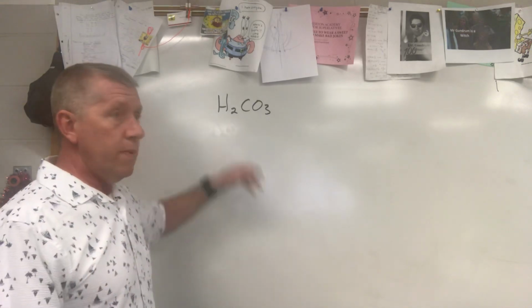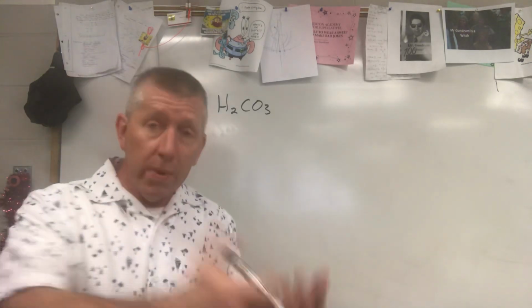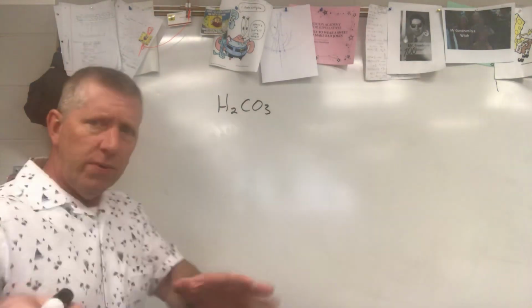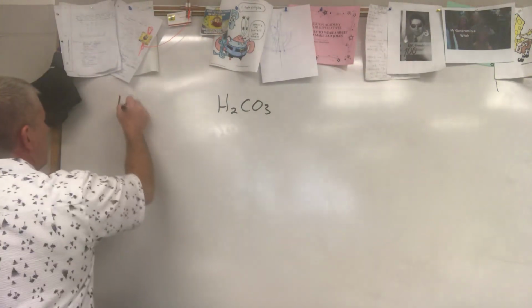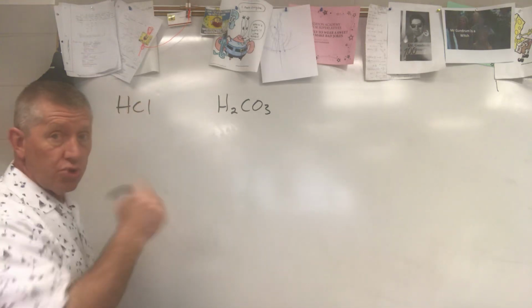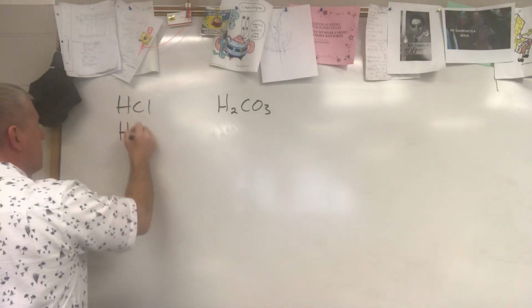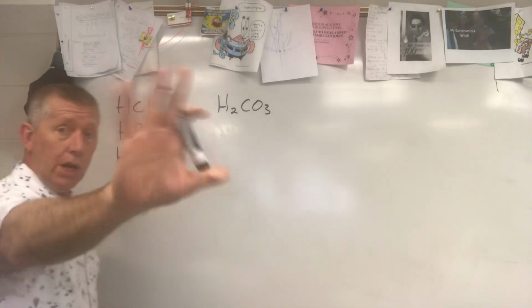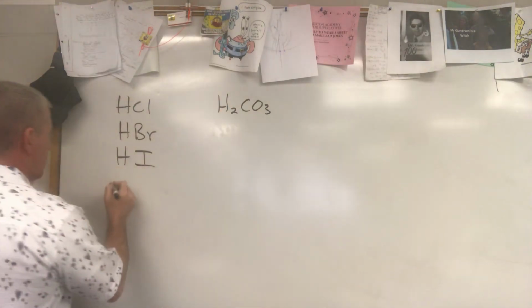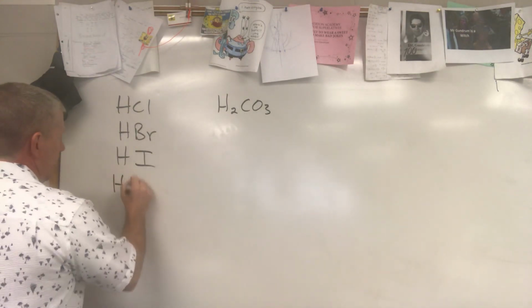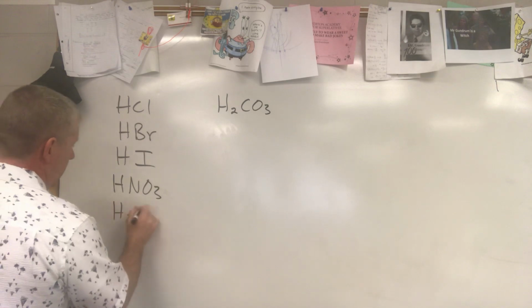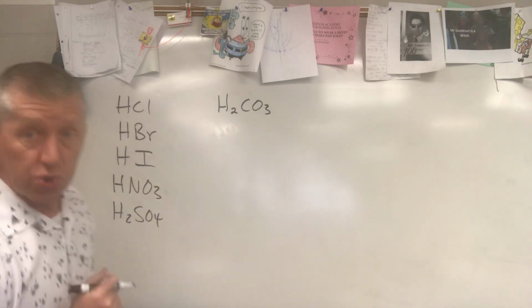We have to know what the strong acids are, so we'll know what the weak acids are. Okay, let's review that and put that down. HCl, strong. HBr, strong. HI, strong. HNO3, nitric, strong. H2SO4, sulfuric, strong.